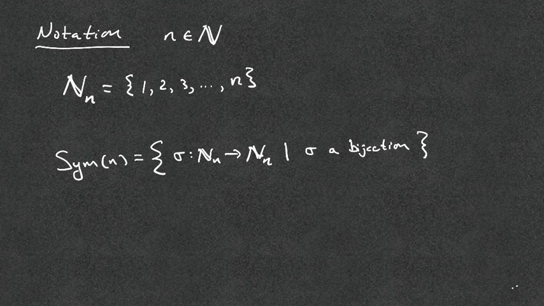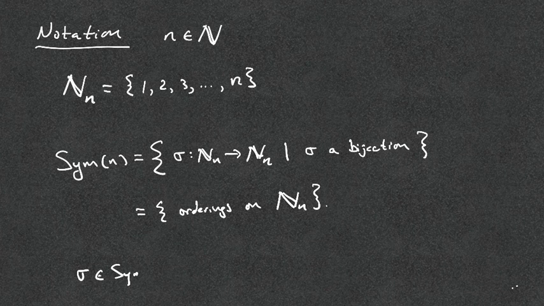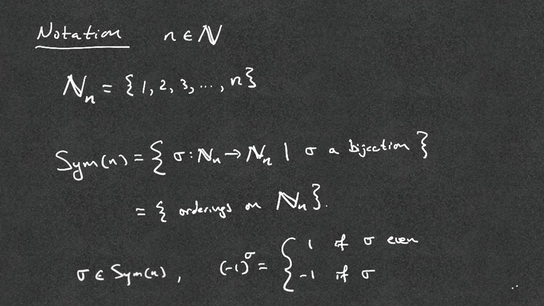Just like we've said, this is really the same set of orderings on our set N sub n. Then for our sigma in this set, we define the symbol (-1) to the sigma to be 1 if sigma is an even permutation, and -1 if sigma is an odd permutation.